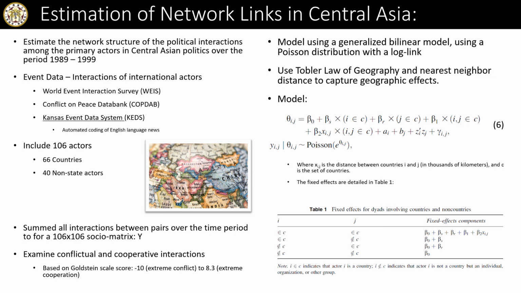And then there is whether or not i or j are in C, the set of countries. The various fixed effects are detailed below in Table 1, for whether one or both of those countries, sender and receiver, are countries.